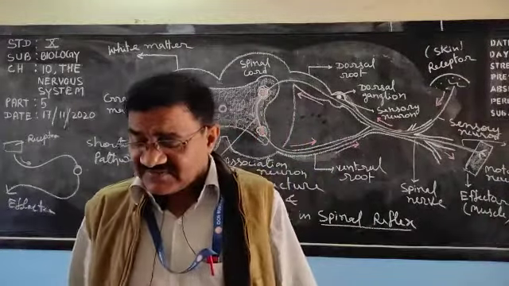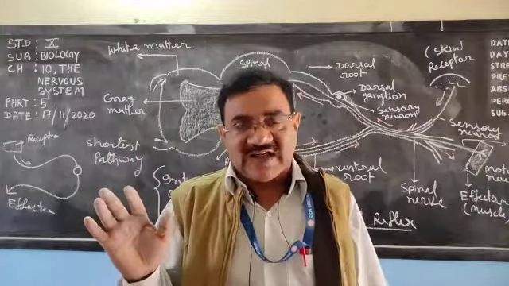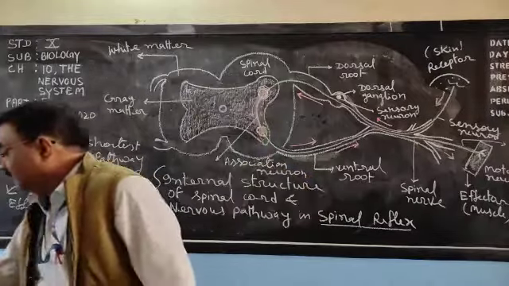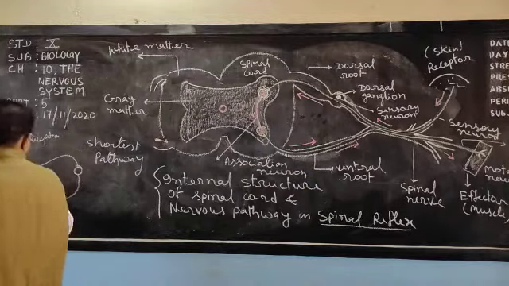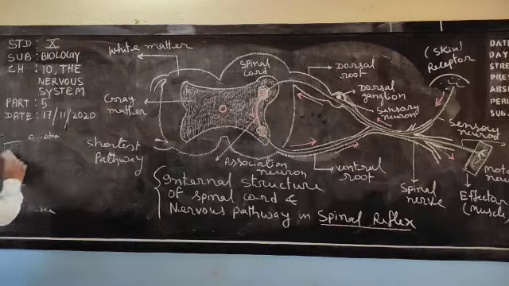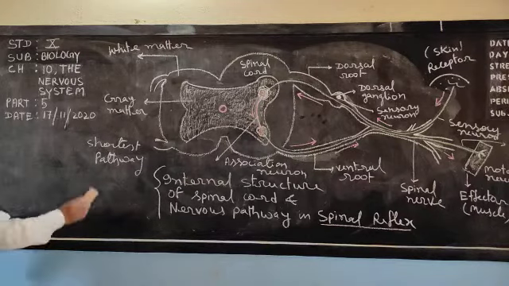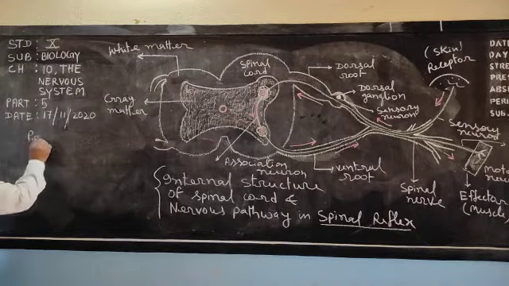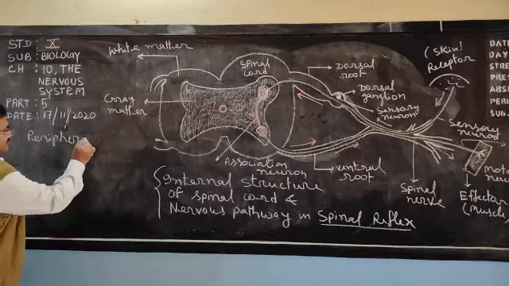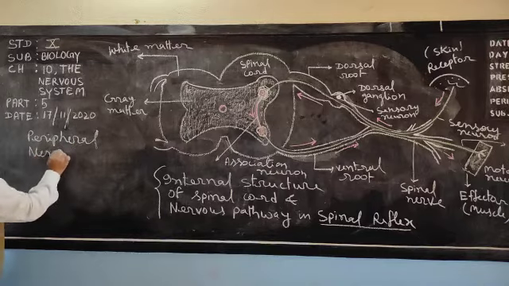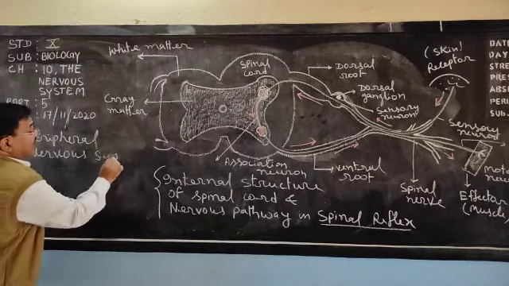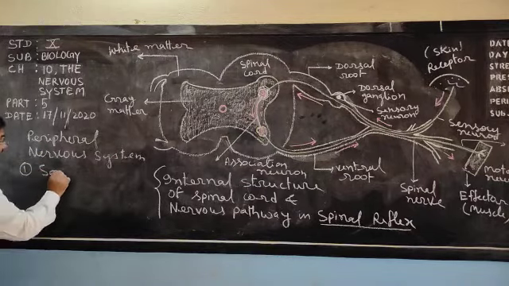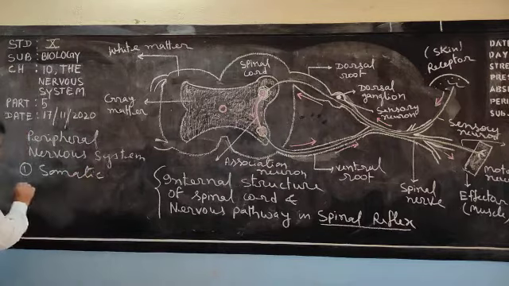And the peripheral nervous system or PNS is of two types, that is somatic and autonomic.